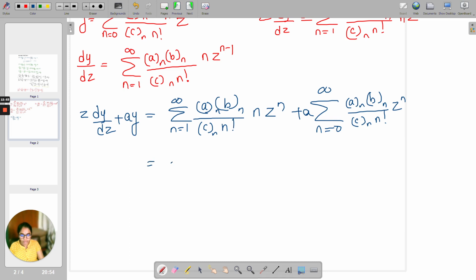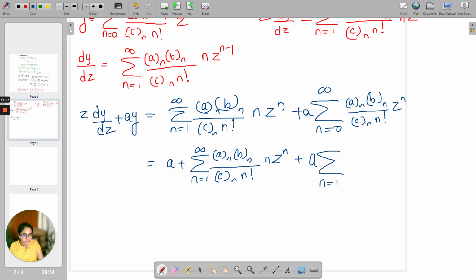So I would get a plus summation n is equal to 1 to infinity a at n, b at n divided by c at n n factorial into z power n, plus a summation n is equal to 1 to infinity an, bn, cn n factorial into z power n.